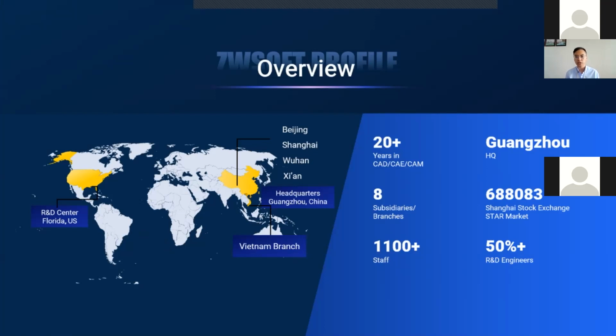So in the coming years, we will have more local office branches and subsidiaries in different locations, for example, European regions, Asia, and also the South Pacific area, which can help provide better local service to our users and our partners.